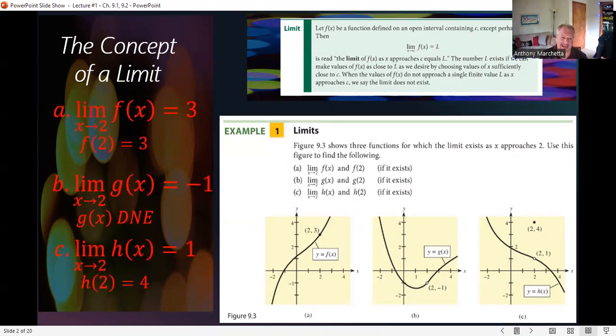Likewise, the limit as x approaches 2 for the function, and how you can apply them to which one is which. Okay, so example 1 is probably one of the most important examples in your homework to understand when a limit exists and when a limit does not exist, and likewise when there's a value for the function or not.